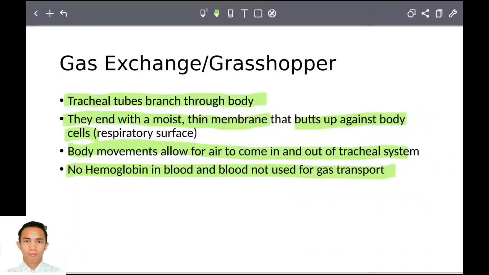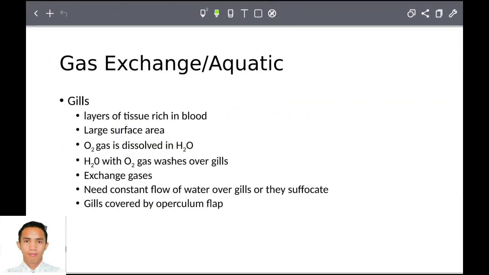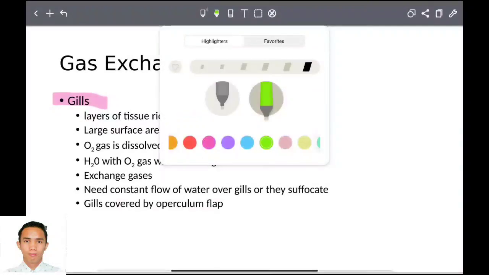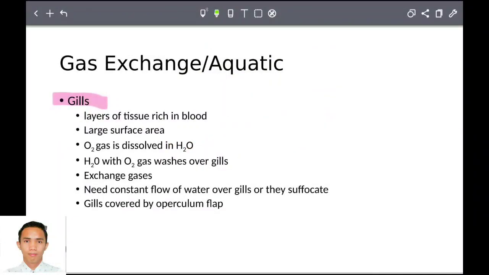Let's proceed to the next slide. Gas exchange for aquatic organisms. Aquatic organisms have gills. Gills are layers of tissue rich in blood, with a large surface area.